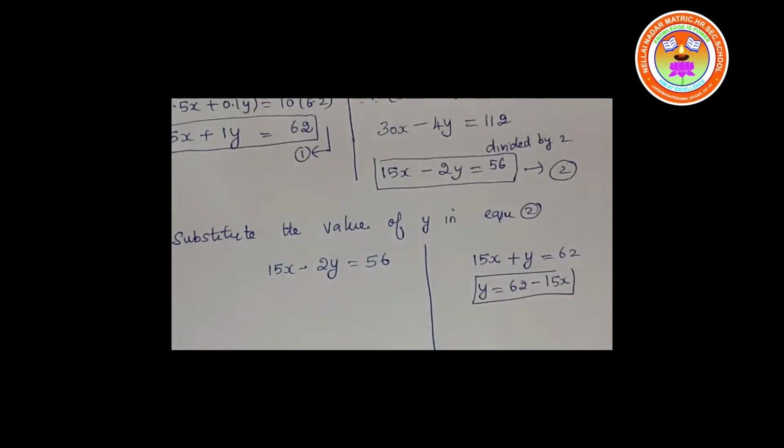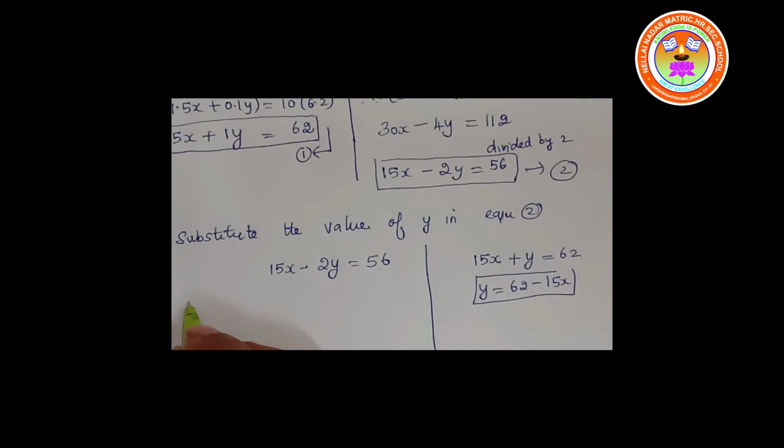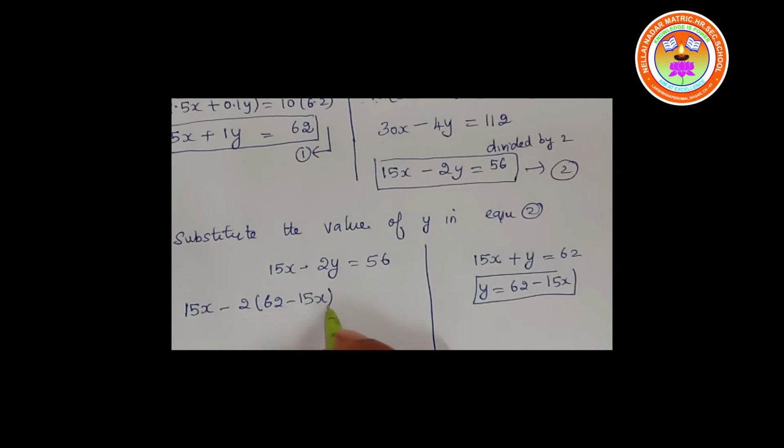Now I am going to substitute here. So 15x minus 2 into, in the place of y, 62 minus 15x is equal to 56. So 15x minus 2 twos are 4, 6 twos are 12, minus 124, minus 2 minus plus 2 fifteens are 30.